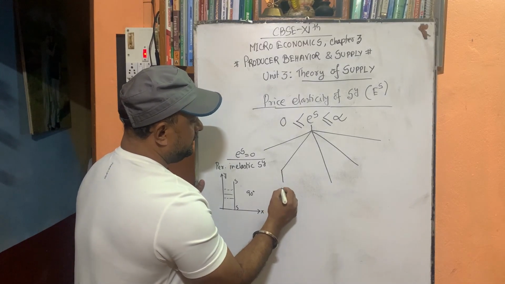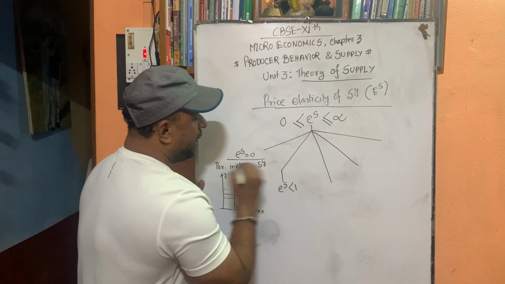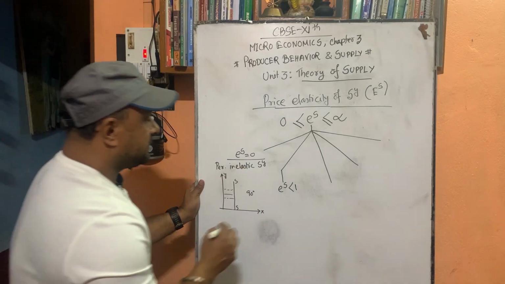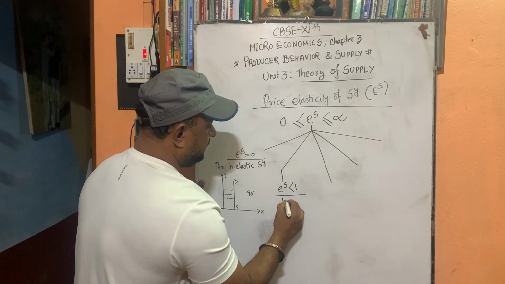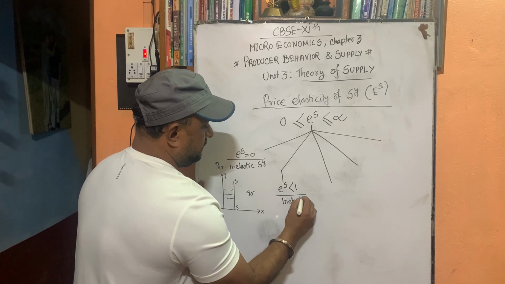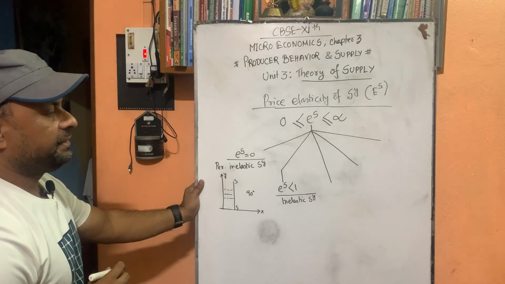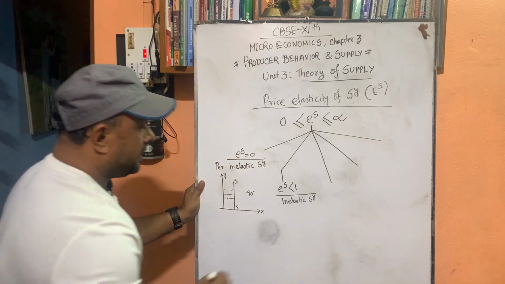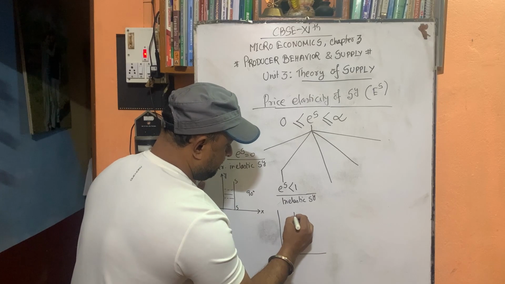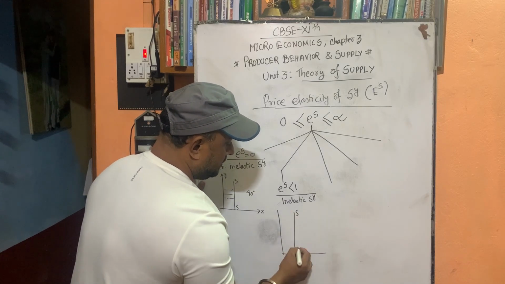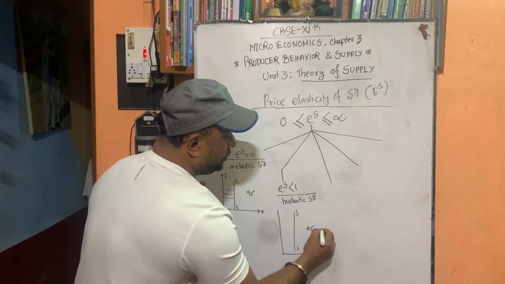The second one is elasticity of supply less than 1. Less than 1 means inelastic supply. Inelastic supply means there is a little bit of reaction, not so much. Here the supply curve is tilted a little bit like that, and the slope lies between 45 degrees and 90 degrees.